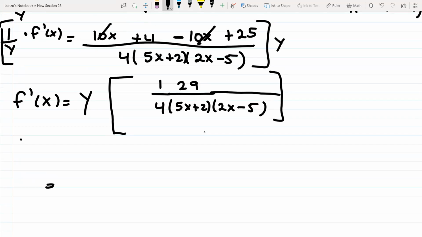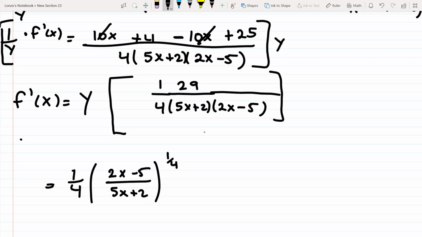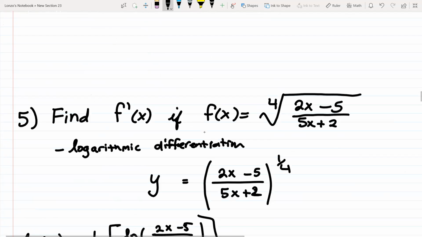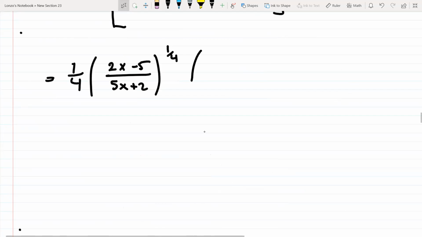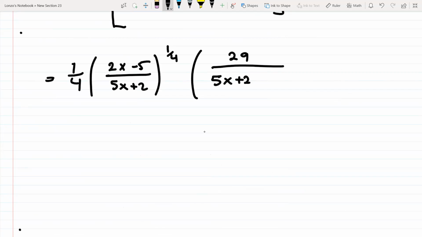So that's equal to saying 1/4 times our original y, which is (2x minus 5) all over (5x plus 2) raised to the 1/4, because it's the same. So this right here is equal to saying the 4th root of this, right? And then it's times 29 over (5x plus 2) times (2x minus 5).